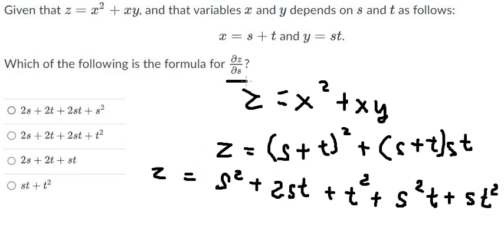So on the question, we need to find first the derivative of z with respect to h.